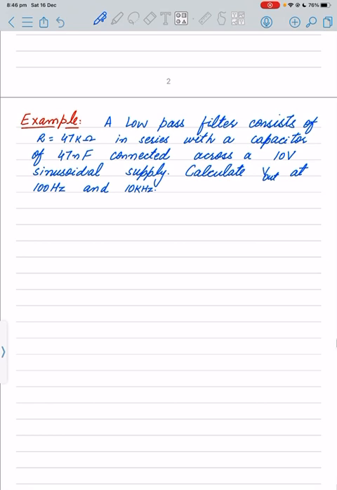So in case of, let's suppose, the low pass filter, that is the VO, and then that is the V in. So we know that when in terms of the voltage divider, our V output is simply equal to the V in into the impedance across the output.